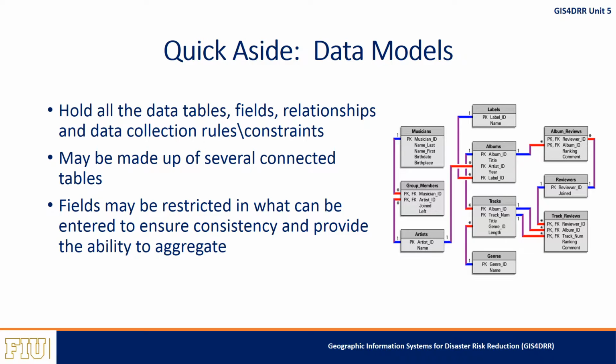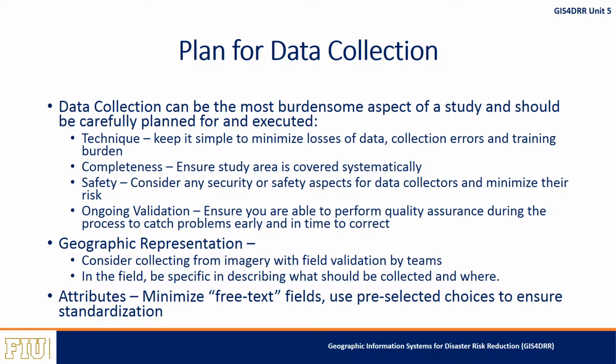You may have to set some standards as to what can be put in there, and the software can facilitate that by putting in domain controls, as they call it, which will limit the user, like a pick list I'm sure you've seen on websites, where you're constrained in what you can select. So in planning for data collection, this can be the most burdensome aspect, and you should really think it through.